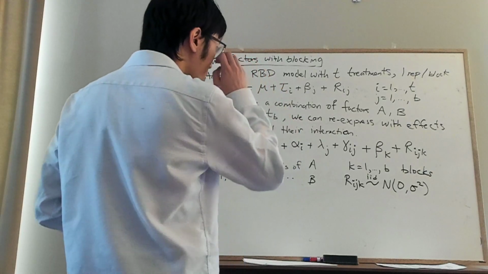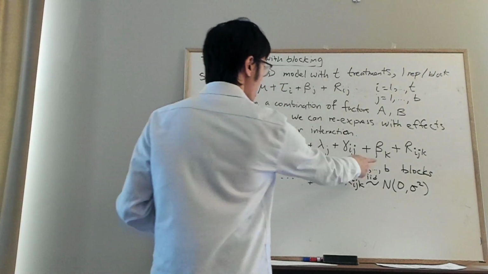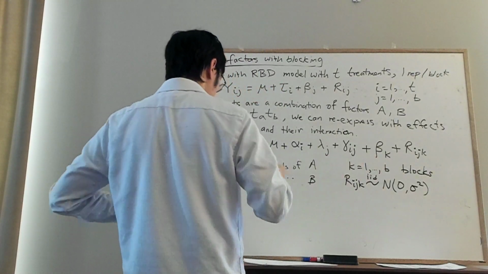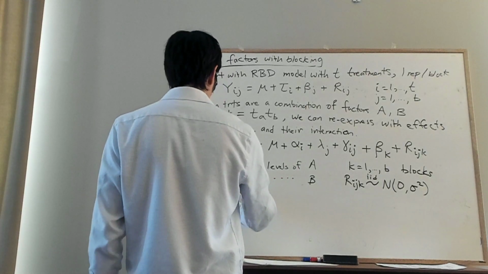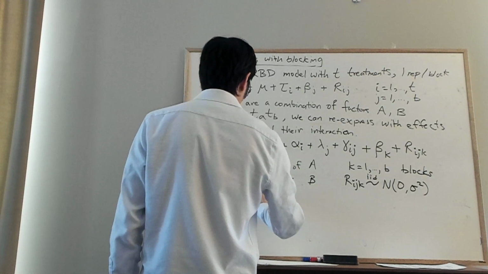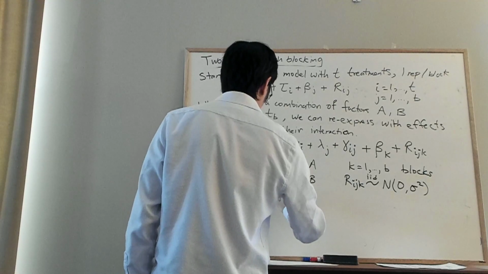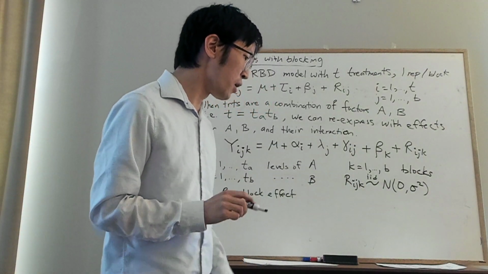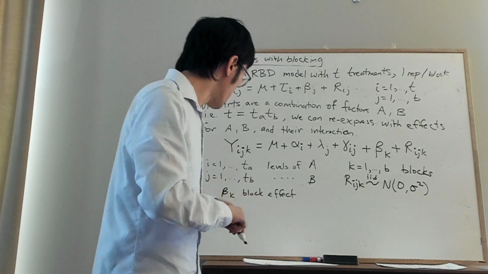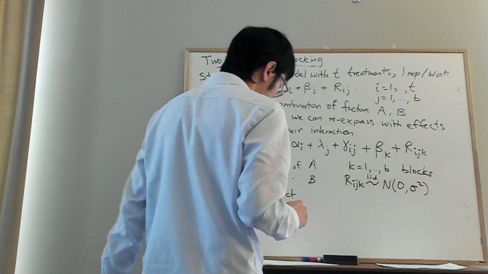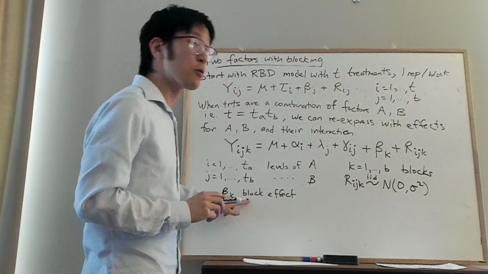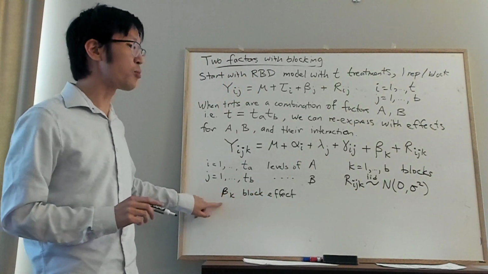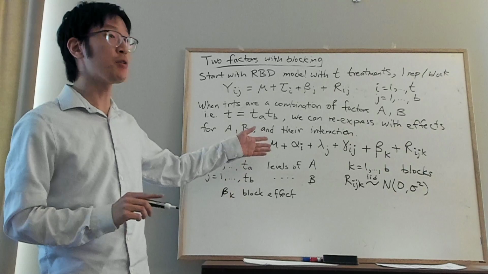Okay, so other comments here is that now beta k is the block effect. So let's add that here. So beta k is the block effect, and as I mentioned, we assume it is additive. In other words, we're assuming the blocking variable does not interact with either factor.